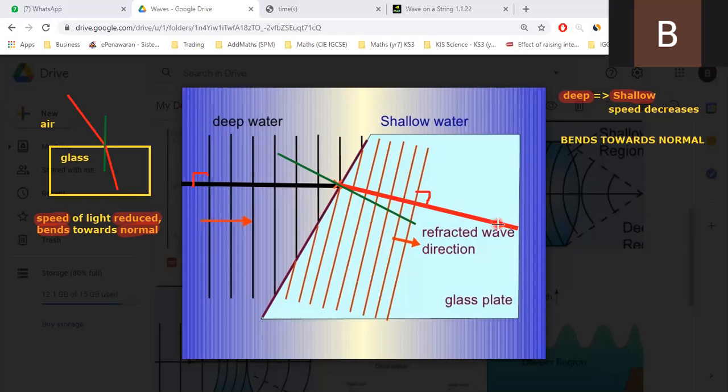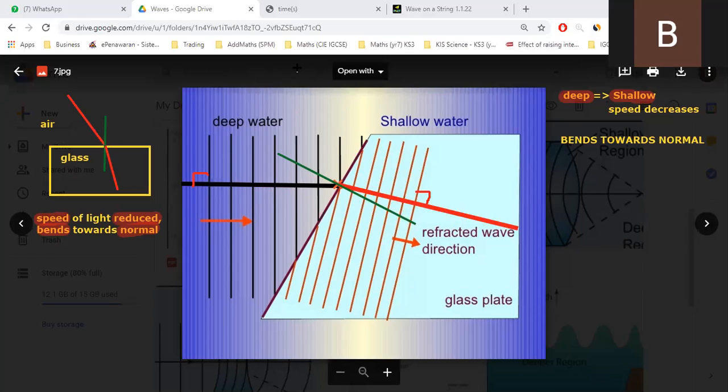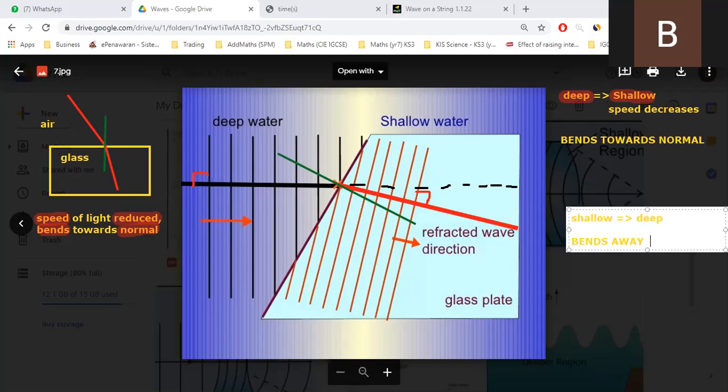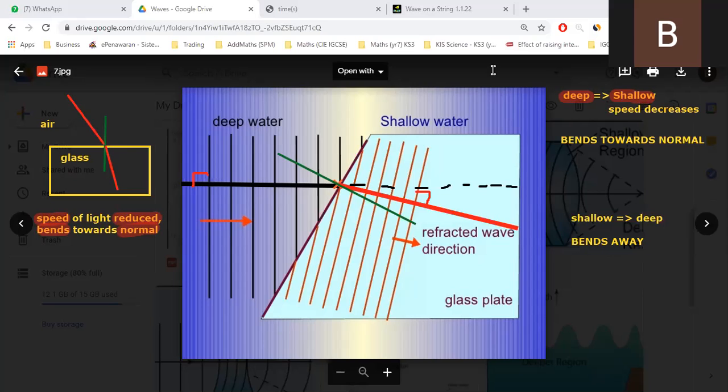So the red one is closer to the normal. The original path of the black line is like here, right? Let me do it in dotted. This is the original path. Bends towards the normal. Now, conversely, if from shallow to deep, it bends away. Okay, that's it.